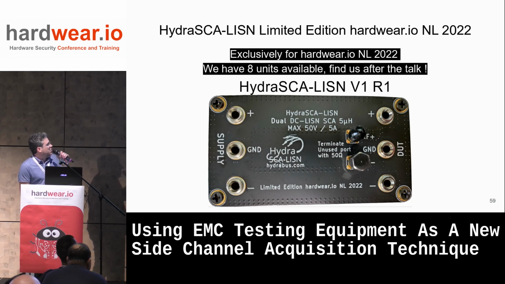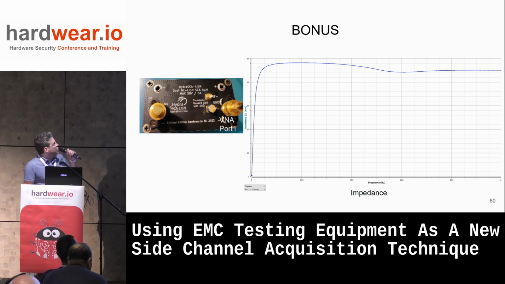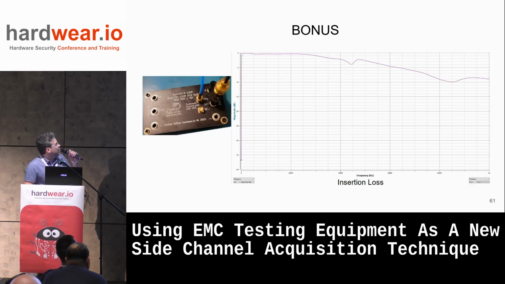It's fully characterized with a vector network analyzer. For example, I have some bonus slides where we show how we measure the impedance of the LISN and the insertion loss.